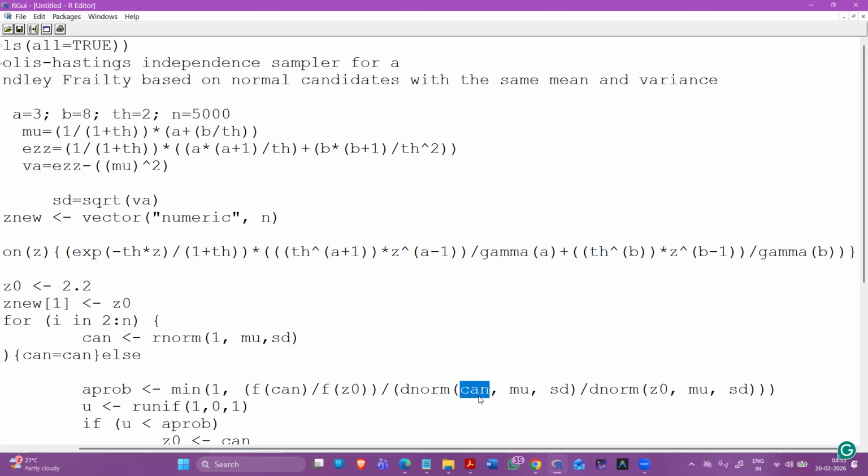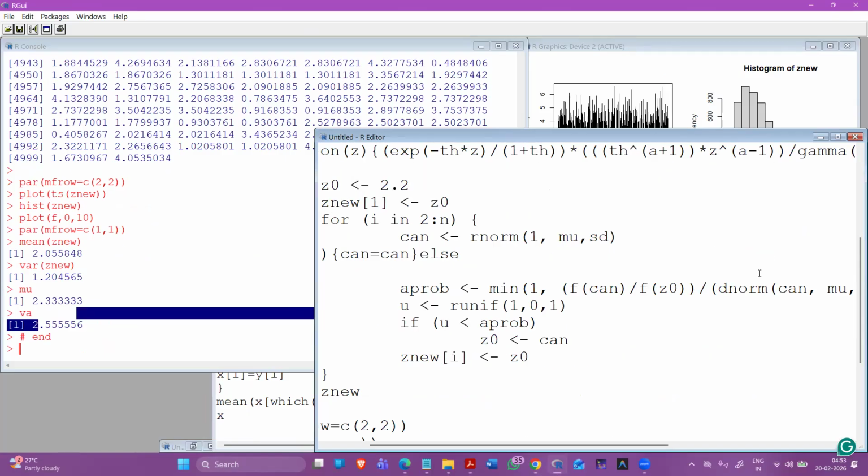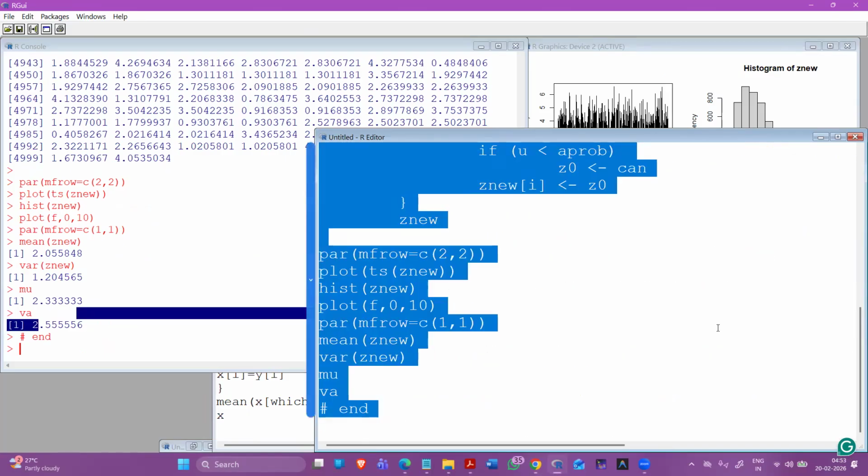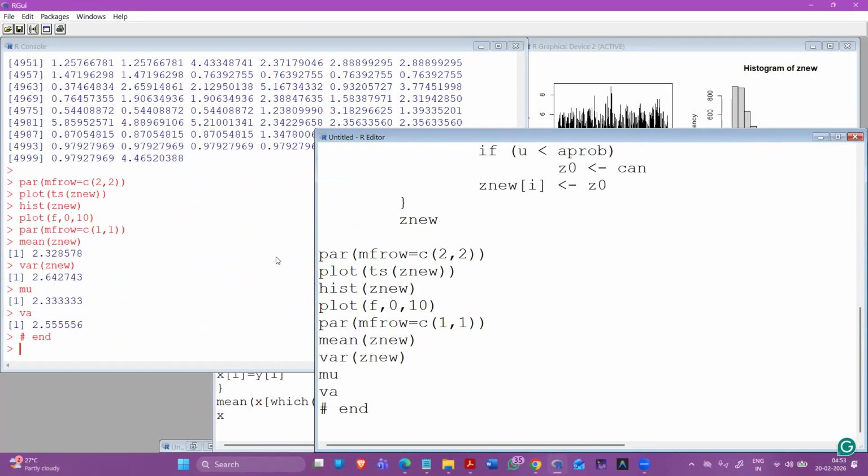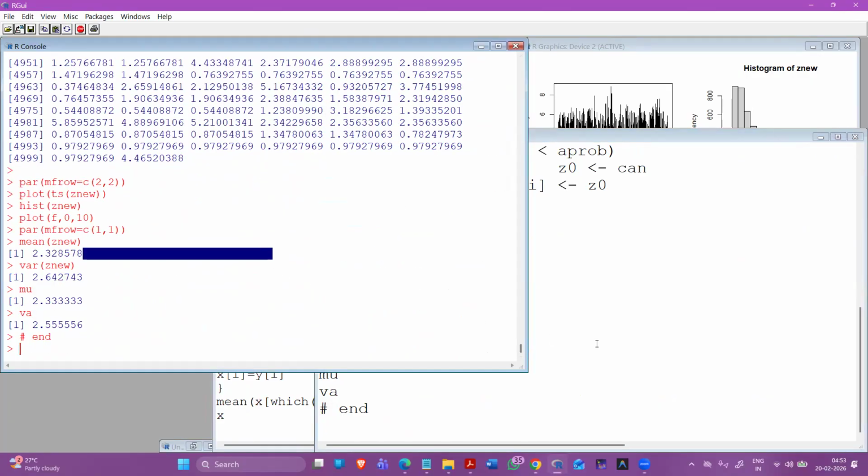So I will find the density for my generated value as well as for my initial guess, and I will take the ratio of them. That is the only difference here. Otherwise, the entire command will remain the same as the Metropolis algorithm. If you do it, now check. Your mean is right now 2.32 and your variance is 2.64 for your generated values. What was the exact mean?